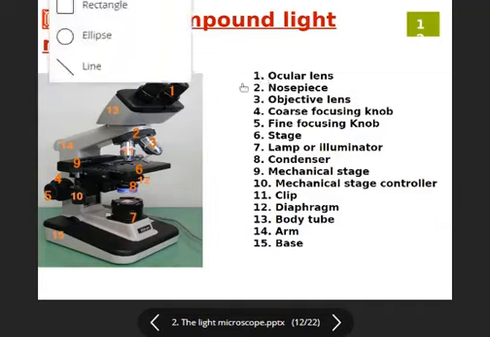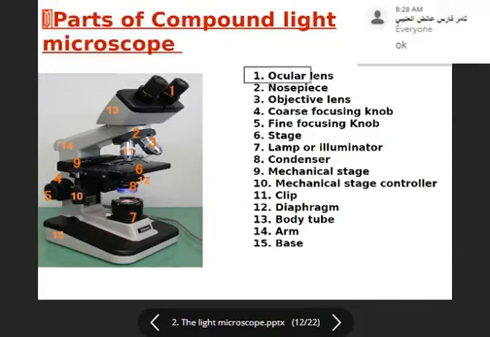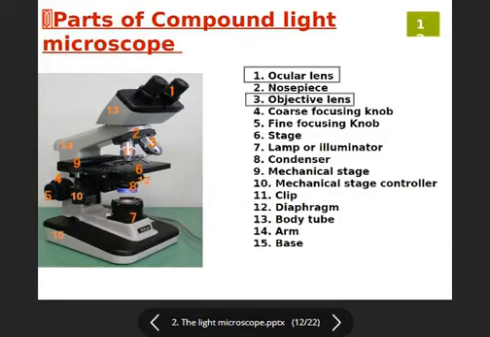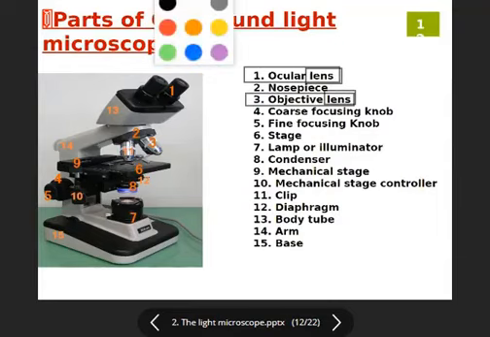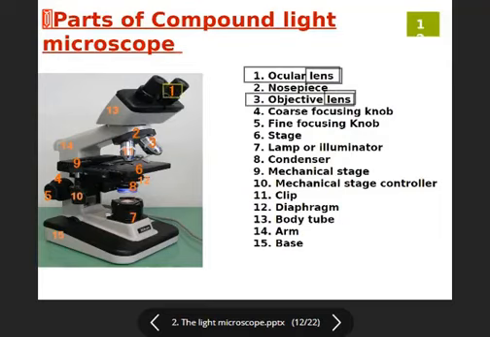First is number 1 and number 3. I told you just now, these are two lenses: ocular lens and objective lens. So where is the ocular lens? This is the ocular lens. And where is the objective lens? This is the objective lens.